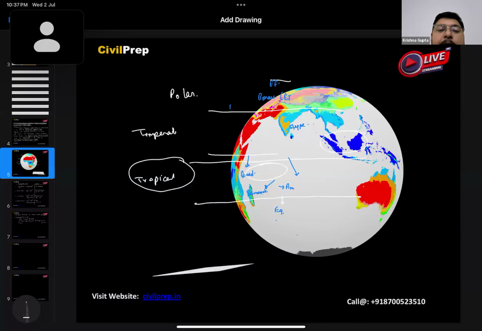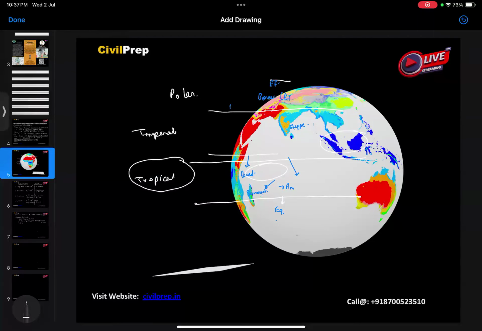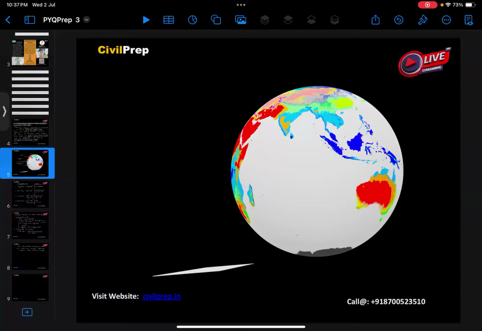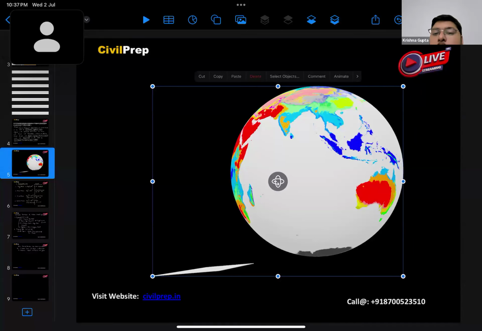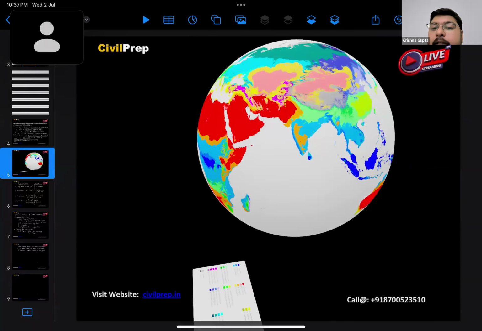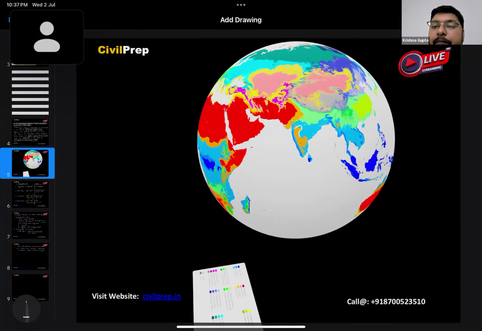If you look at the map here, we will see that this type of climate is present here. So this is savanna, this is monsoon.